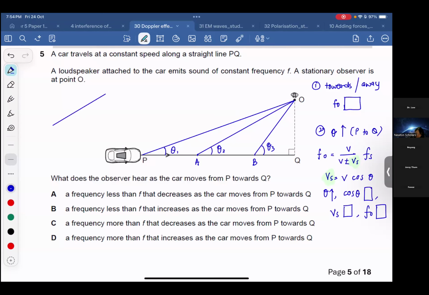Wesley, here, if this is a triangle, cos is CAH, so adjacent over hypotenuse, this is V over Vs. Wait. Why is it not Vs?